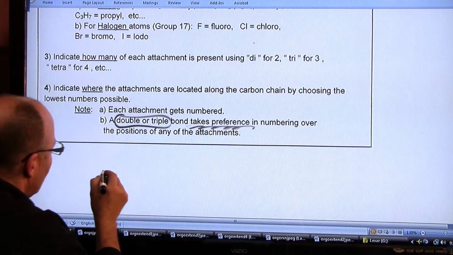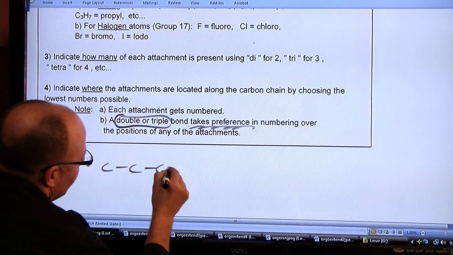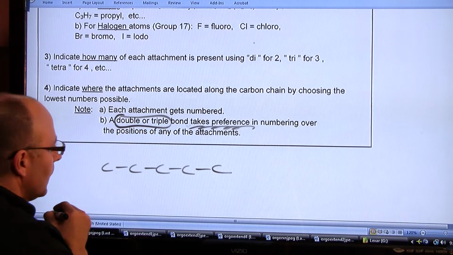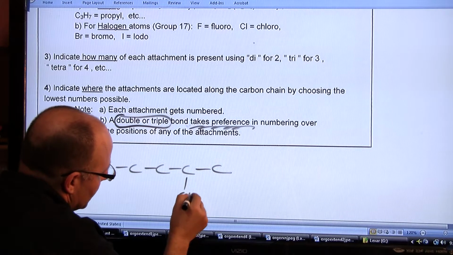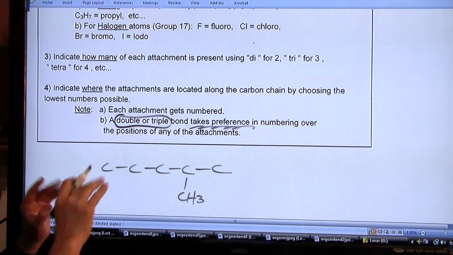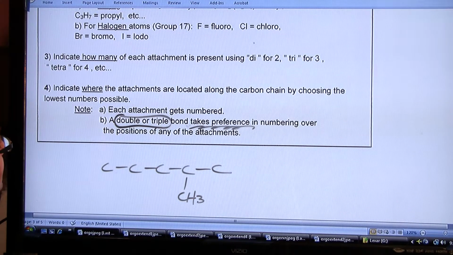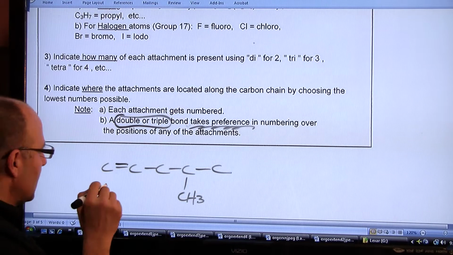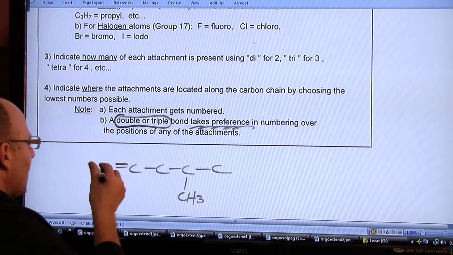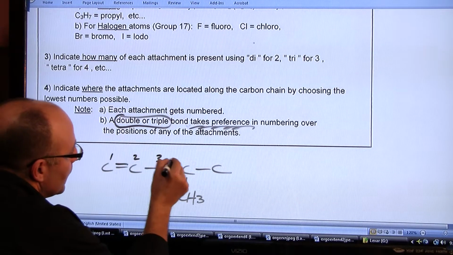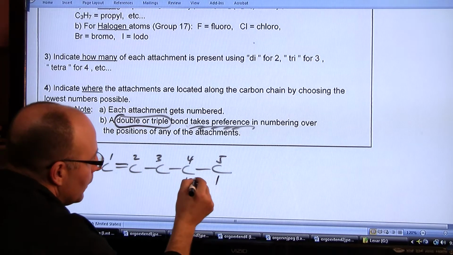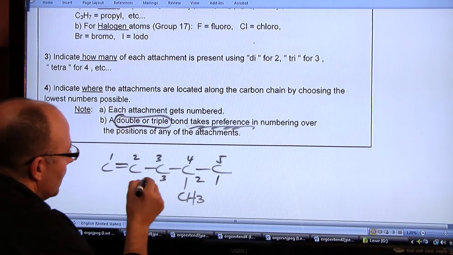Let me show you what I mean. Suppose we had a 5-carbon chain, 1, 2, 3, 4, 5. And suppose we had a methyl group here, CH3, and we'll draw in the hydrogens, so we can focus on the carbon backbone. Now let's put a double bond here. Now you could number this from, again, left to right as 1, 2, 3, 4, 5, or from right to left, 1, 2, 3, 4, 5.